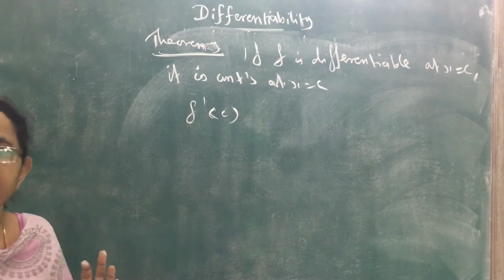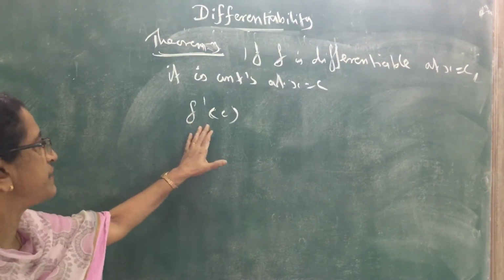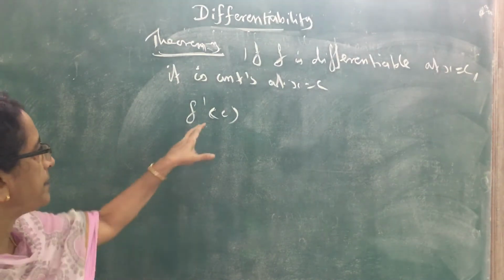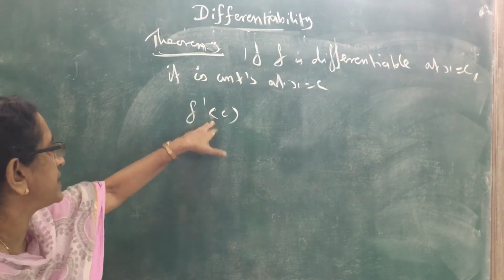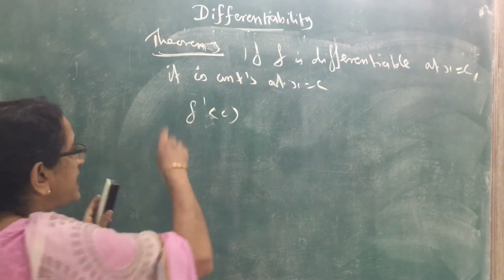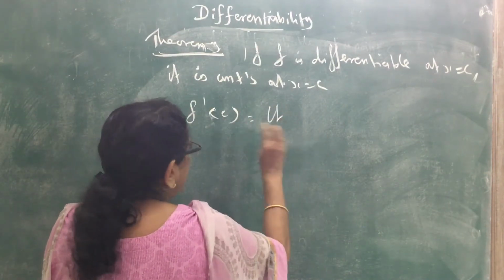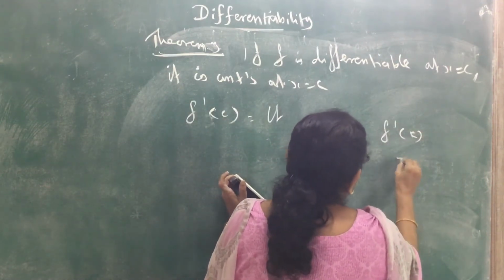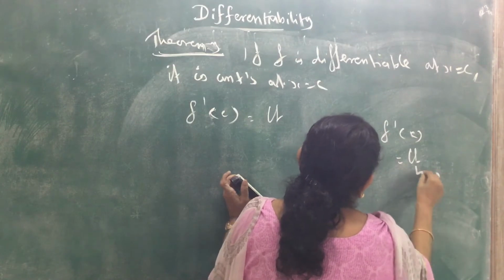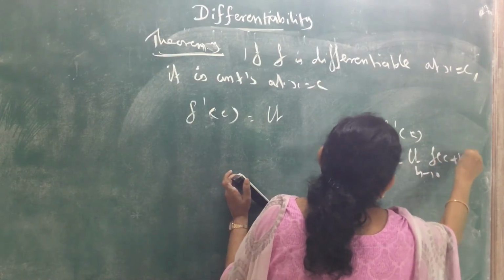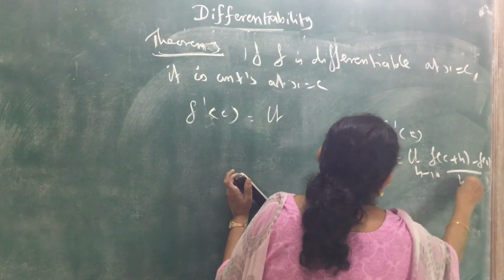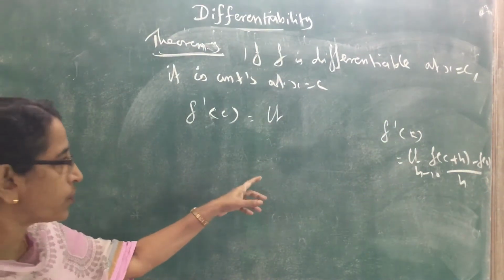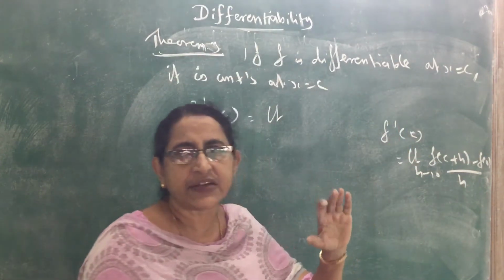If the function is differentiable, it means the derivative exists at x equal to c, and the derivative is given by f'(c). By definition, f'(c) equal to the limit as h tends to 0 of (f(c+h) - f(c))/h.